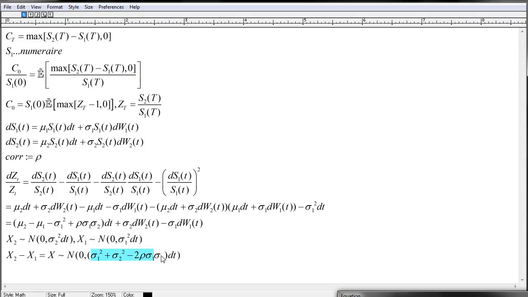Okay, so let's make a square root. Let's call this one sigma. So this one is actually normally distributed, N(0, sigma squared dt).